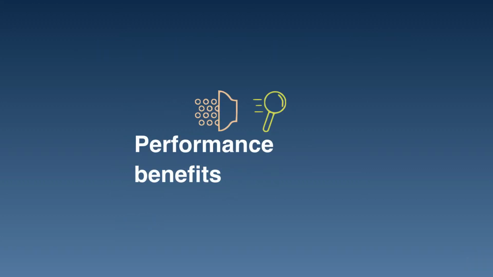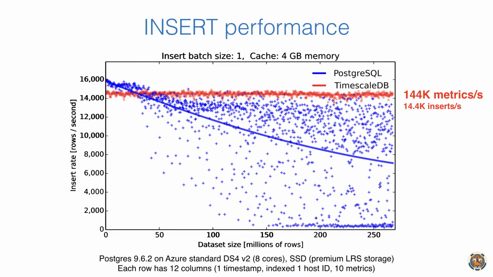Let me quickly go over some benchmarks. This is the graph I showed you before with Postgres falling off the cliff. In contrast, we have pretty high insert performance along with constant insert performance as the data set size grows.